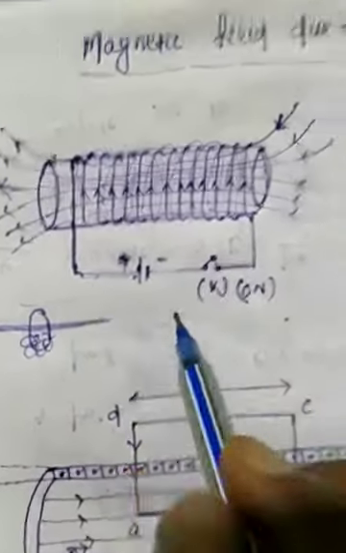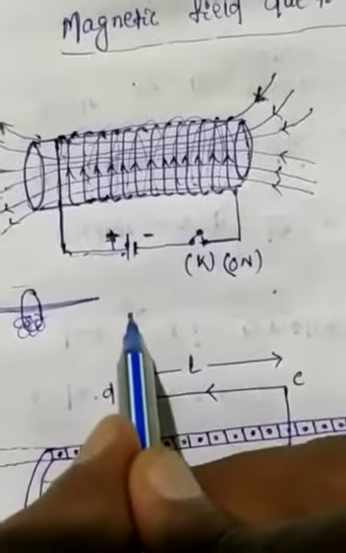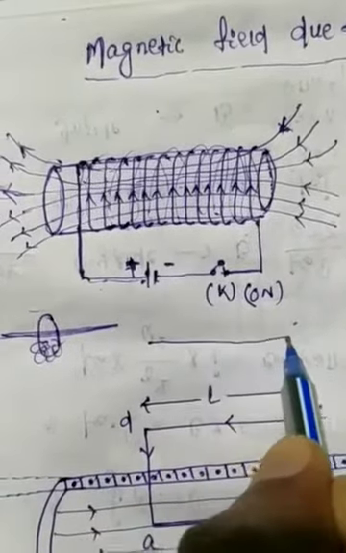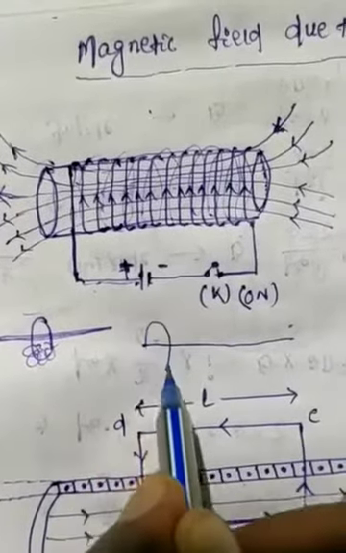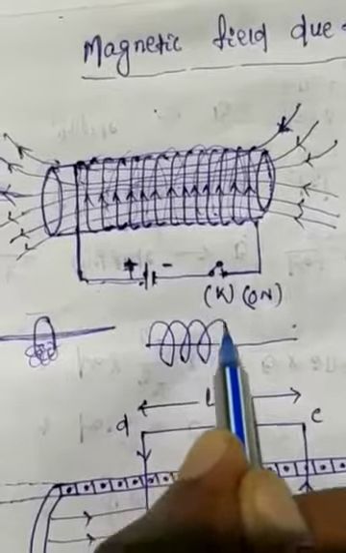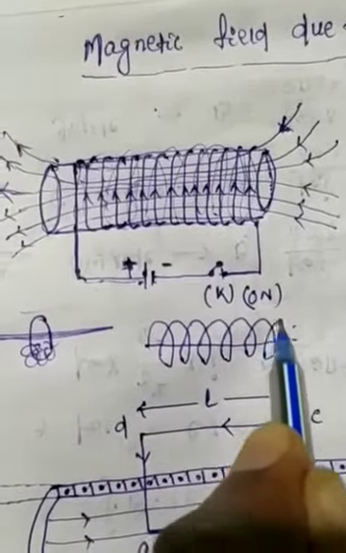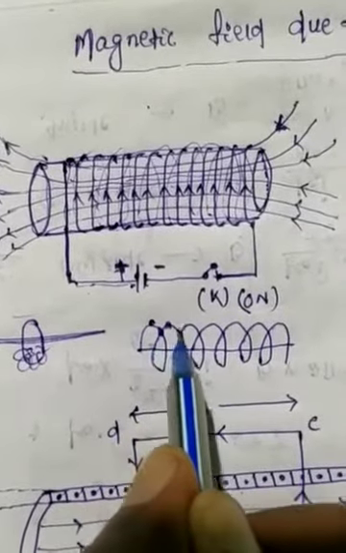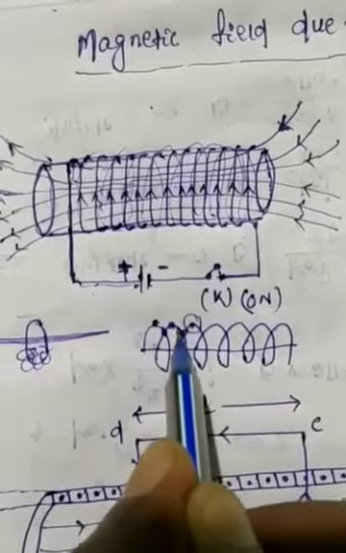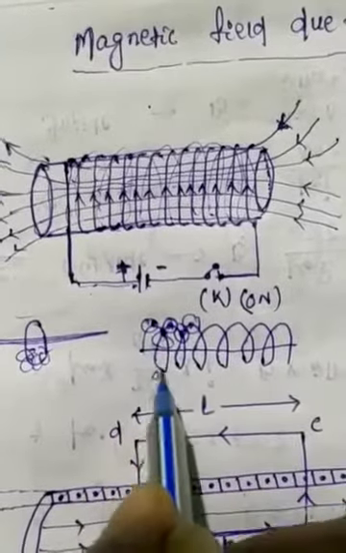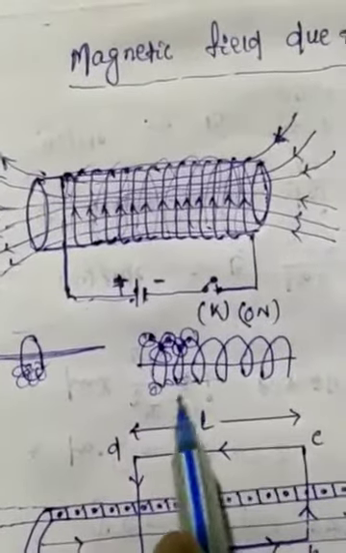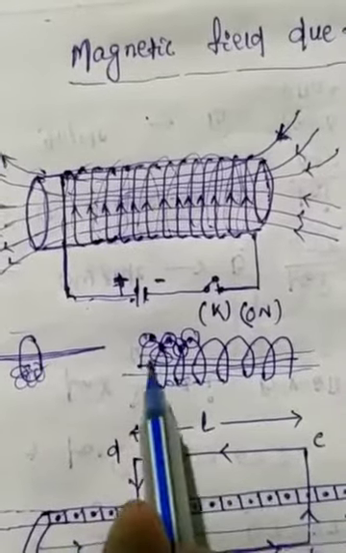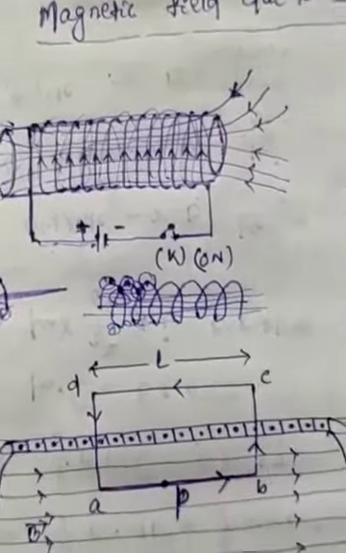For example, this is the wound of the wire. Here, this point, this point, all the points create a number of magnetic fields. But inside the solenoid, all the magnetic lines of force are parallel.